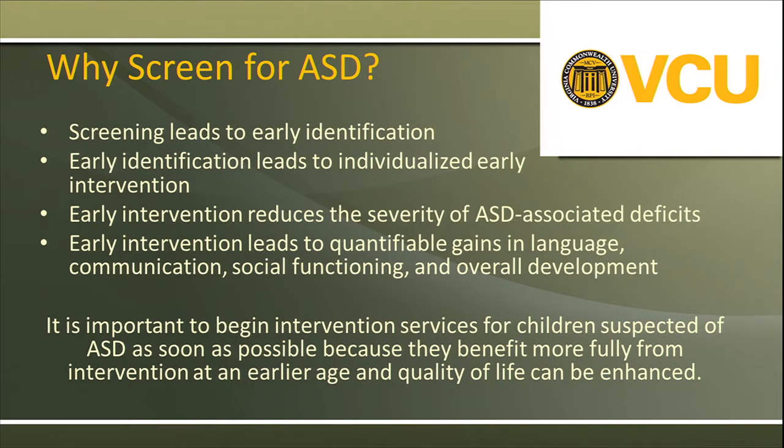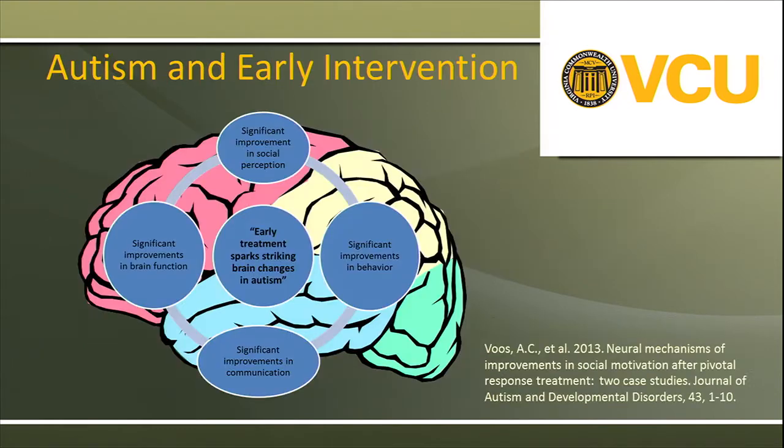And we know early intervention is very critical for any child with autism spectrum disorder or even with any sort of general developmental delay. Early intervention has been proven to make significant gains in things such as language, communication, social functioning, and then of course just overall development. So the sooner we can get a child into early intervention, the better.